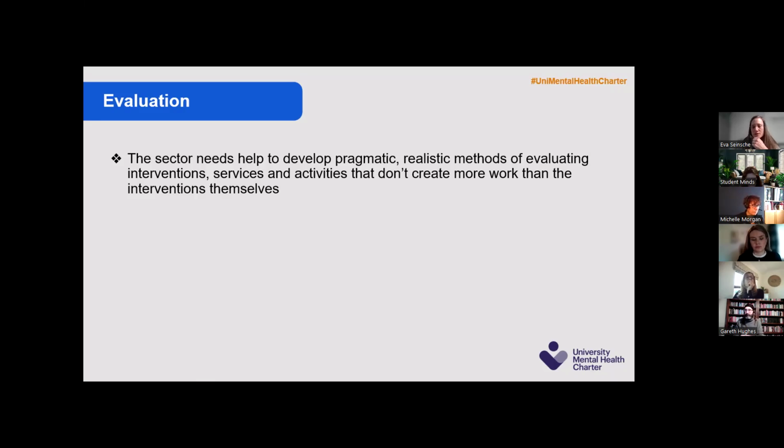Thank you. Yeah, working in the university sector, delivering mental health support and services to students, we do struggle with what outcome measures to use for the student population.